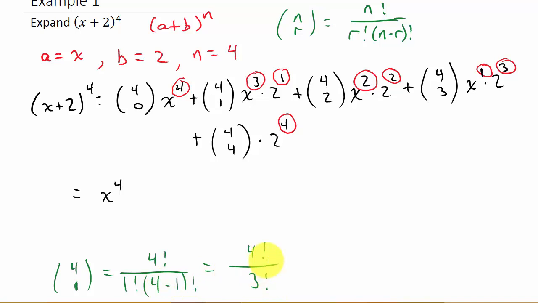Now let me show you 2 ways that you can simplify this. We have 4 factorial over 3 factorial. One way you can do it is 4 times 3 times 2 times 1, and then 3 times 2 times 1. And then you can see the 3's cancel, the 2's cancel, the 1 cancels, and so we're left with 4.